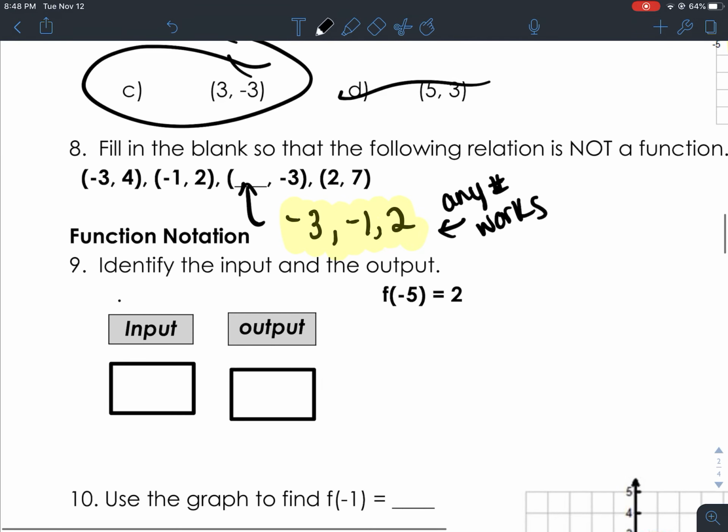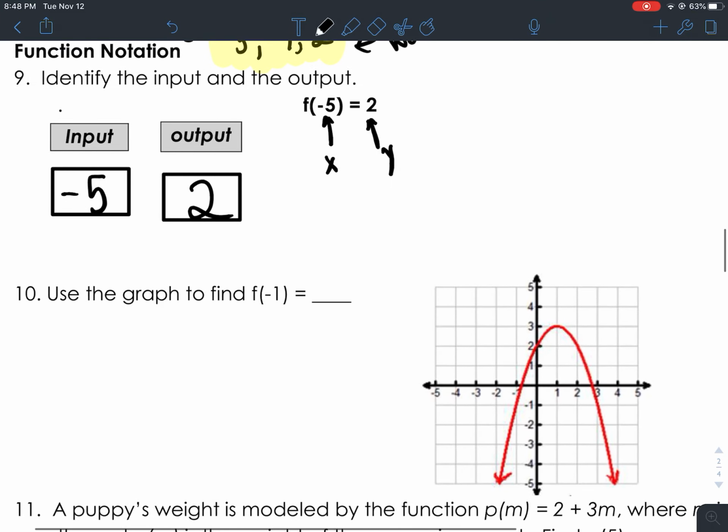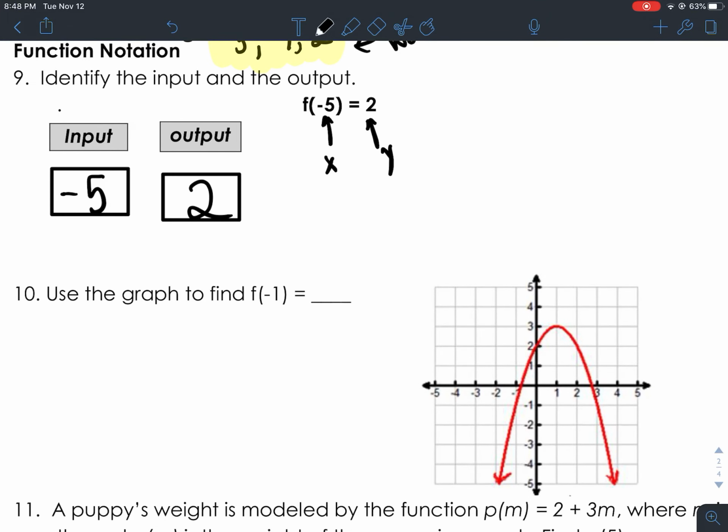All right, function notation. Remember, inside the parentheses is x, and this is the output. So when they say input, our input is the number that goes into the machine, and the output is what comes out on the other side. On number 10, it's saying to find f of negative 1. You're looking for when x is equal to negative 1.